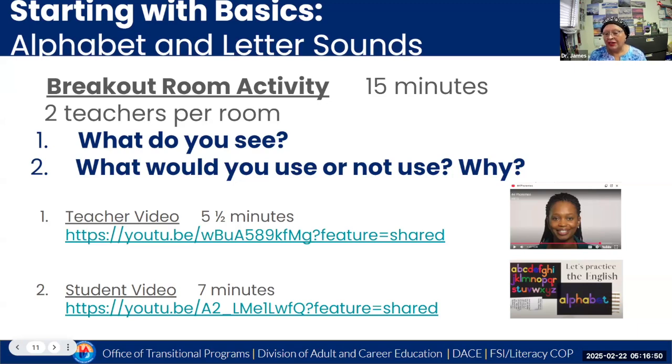The student video lets the students focus on the movement of the mouth and the sounds instead of getting distracted by me moving back and forth, the students coming in and out of the classroom. That helps them focus on just the mouth and what movements we make when we make the sounds.